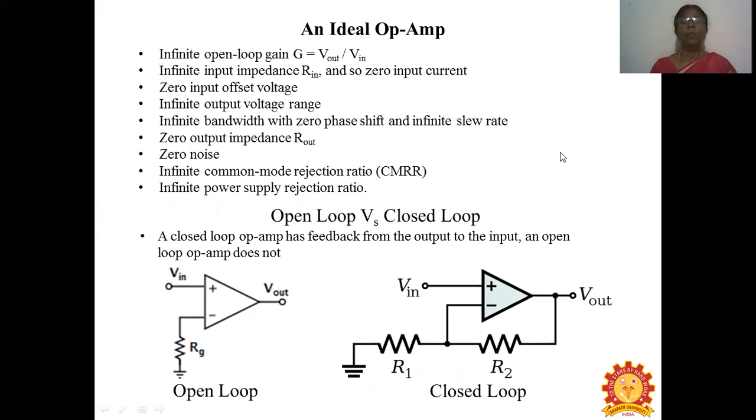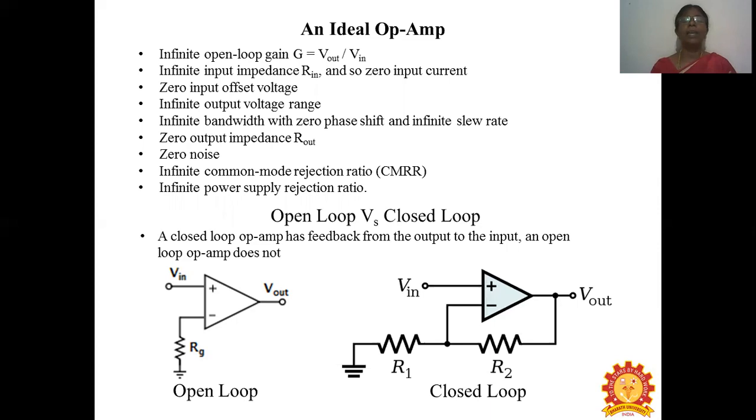We must know some characteristics or parameters of the ideal operational amplifier circuit. First one, infinite open loop gain. We know that the gain of the operational amplifier circuit is the ratio between the output voltage and the input voltage. That gain is infinite for the ideal operational amplifier circuit.